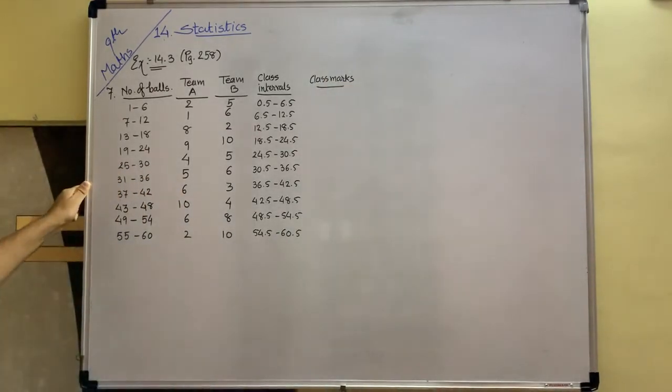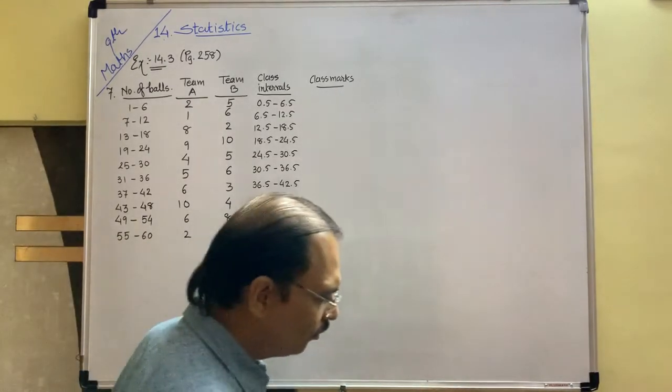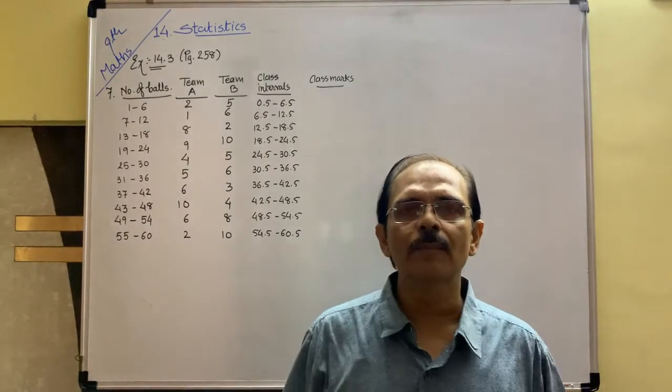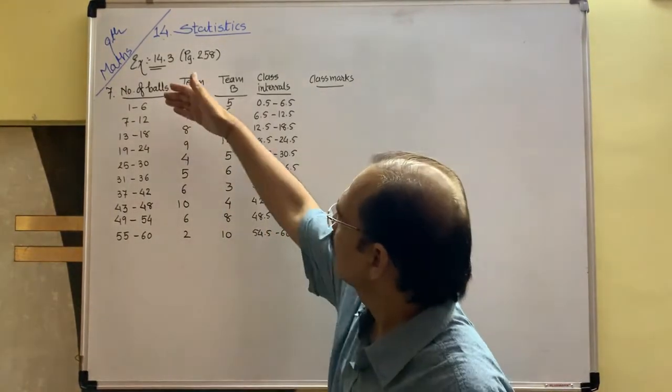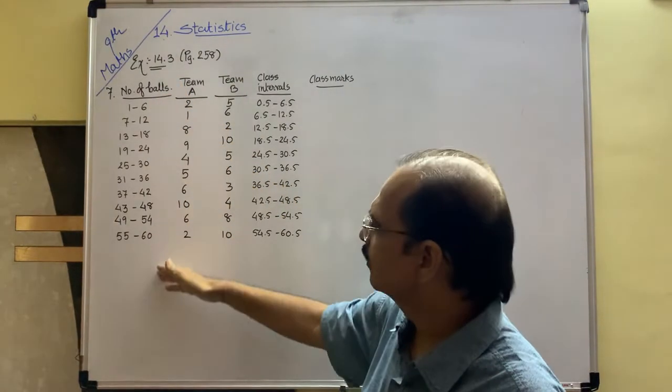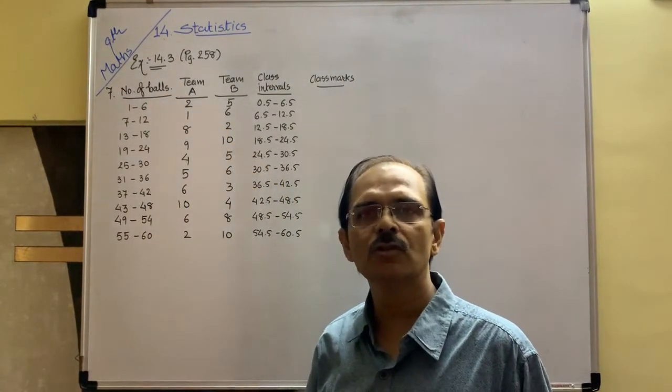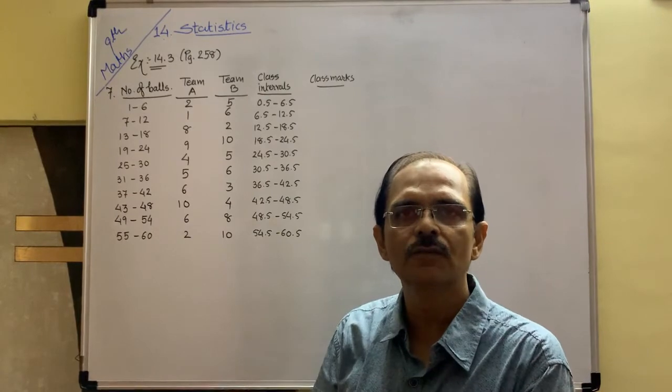Okay, you also need class marks, because you are going to draw a frequency polygon. If you want to draw a frequency polygon, then you need class marks. Class mark is what? Lower limit plus upper limit divided by 2. See the gap. The gap is of 6, 6, 6, 6. You have to remember the gap; that is also known as class height or class width.